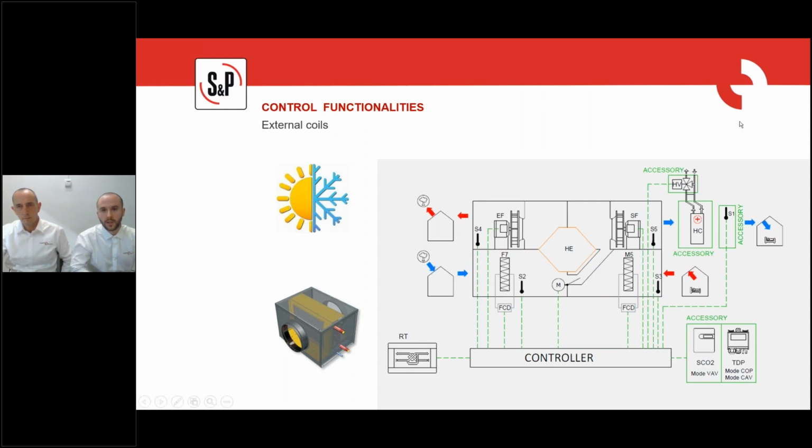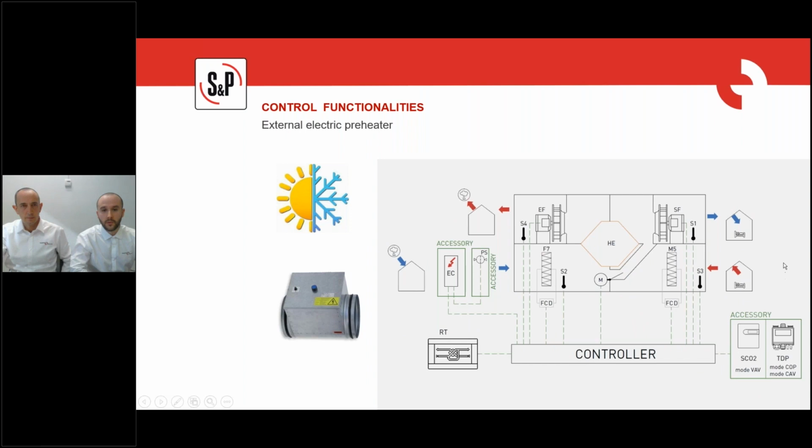For example, the 3-way valve, also the temperature-proof TGK, and the coil. And for the preheater option, we don't need the TGK proof, and we just need the pressure switch accessory.